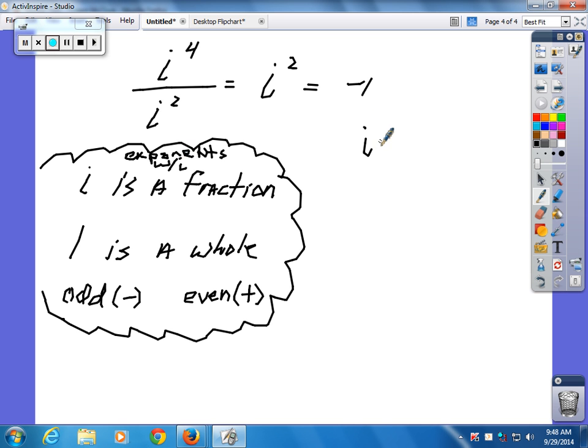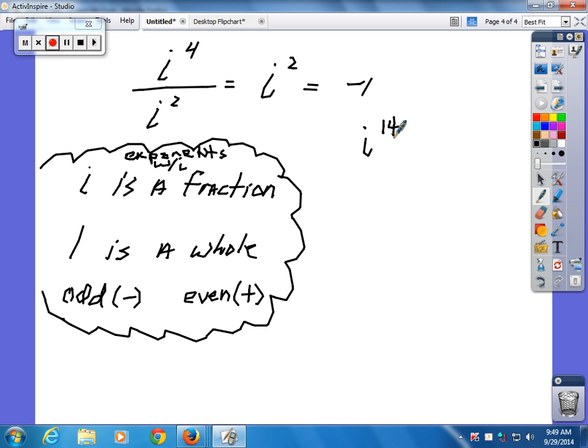So i to the 14th power. What is i to the 14th power? Well, it's i times i times i times i times i 14 times. Now you can sit there and you can actually do each one, i times i is negative 1, i times i is negative 1, and then do all that. Or you can just remember this rule.